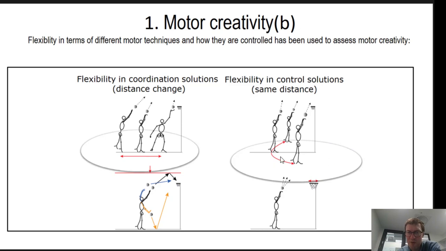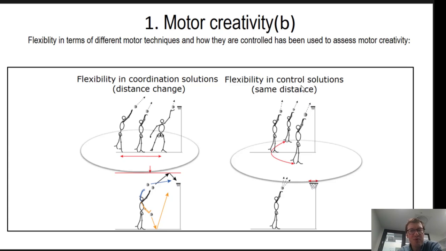Okay, so they're always shooting from the same distance. And we might expect that the person is going to settle with the technique which is most suitable for that distance. But for each change in position, or each repetition, the person is going to vary the throw a little bit.